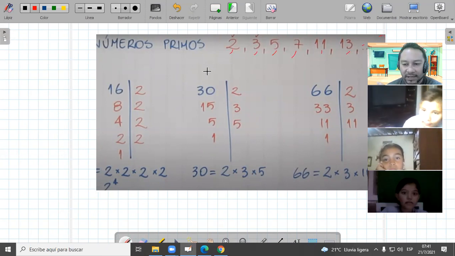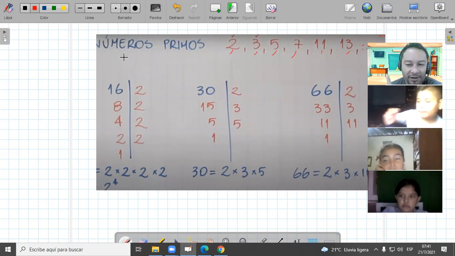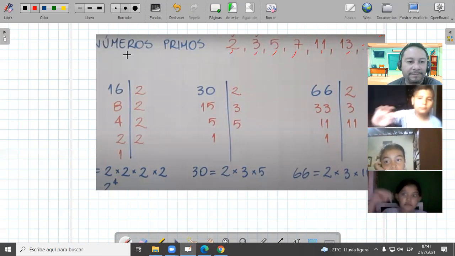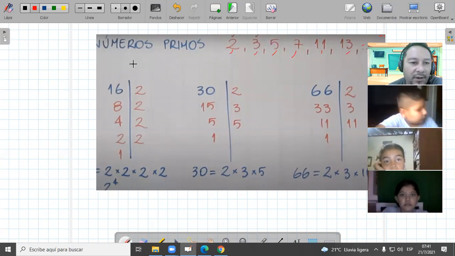That is the first thing that you have to know, what the prime numbers are. Remember, learn what the prime numbers are. If you don't, it is going to be difficult for you.